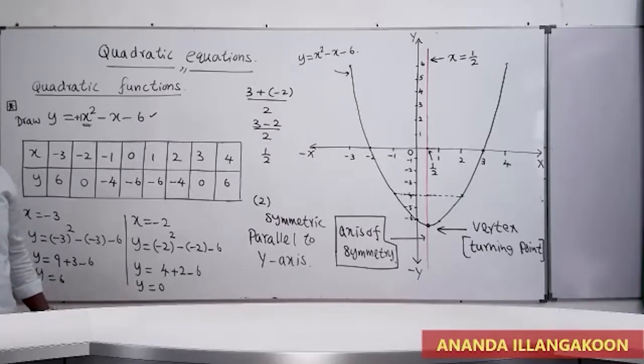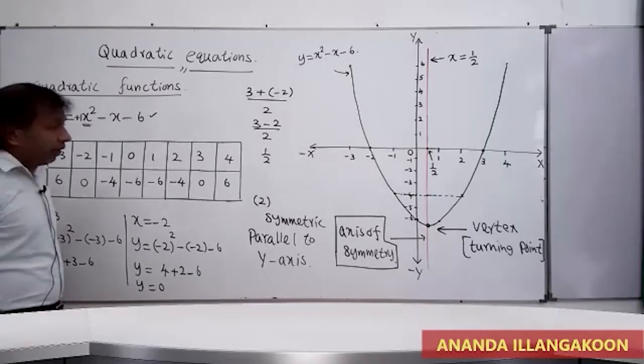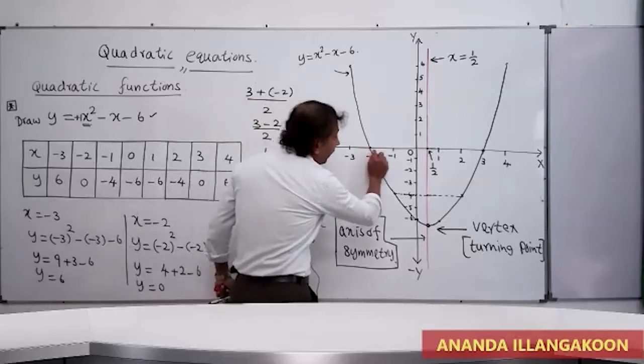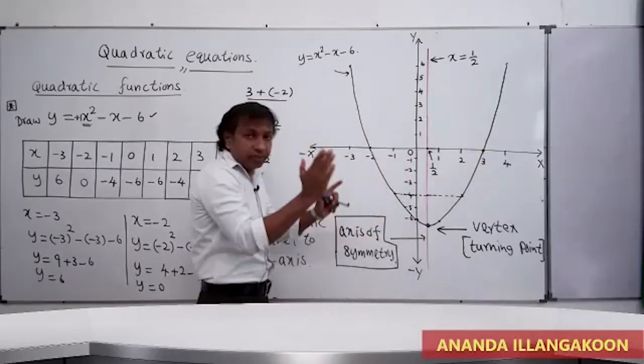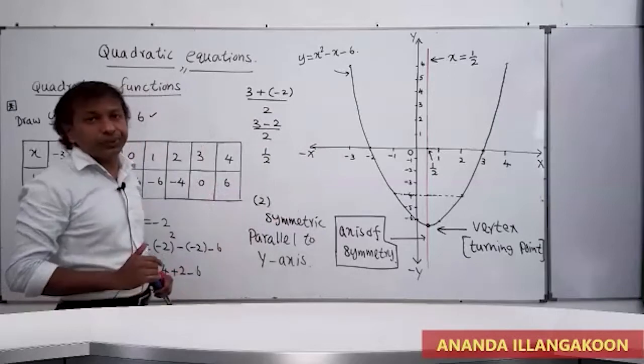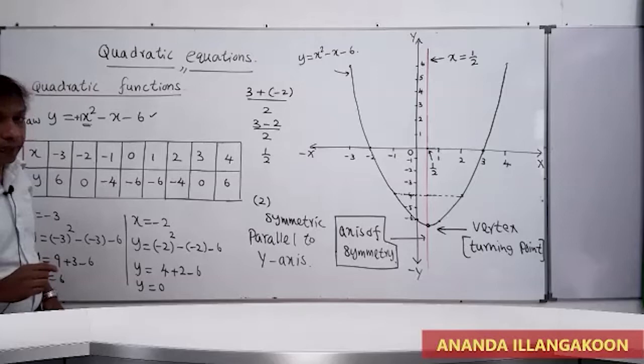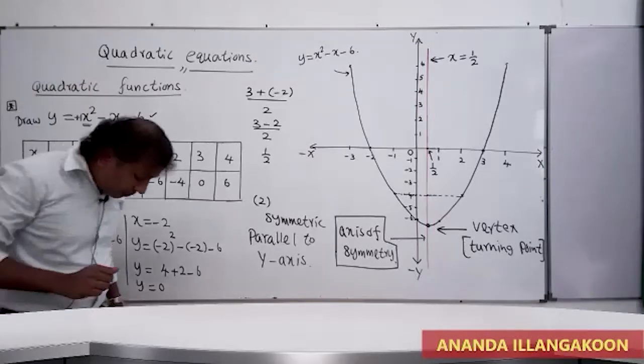Right, third one, people. The x coordinates here and here, where the graph cuts the x-axis, are called what? Roots. Write down.